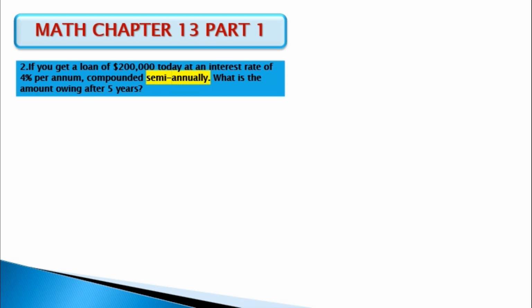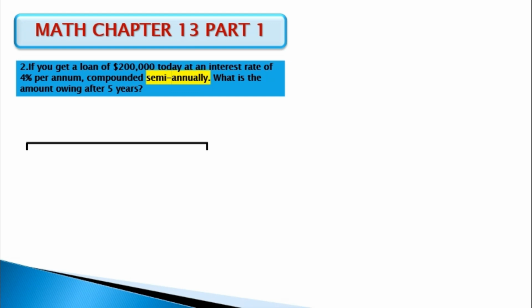So we're going to do a lot of questions on that. Once you get the hang of that, the rest of the course is downhill. So again, we are looking for how much is owing after 5 years if someone took out a loan of $200,000 for 5 years at an interest rate of 4% per annum compounded semi-annually.